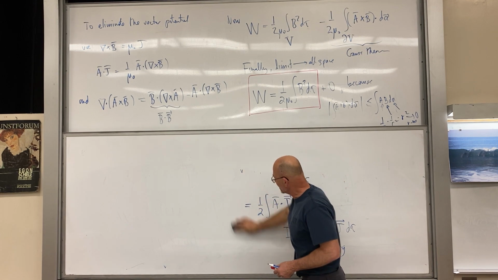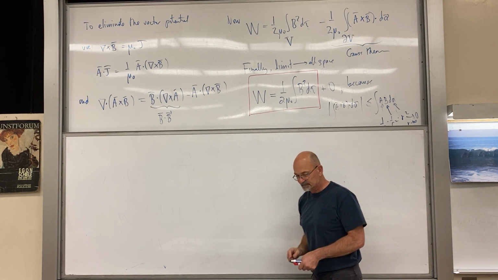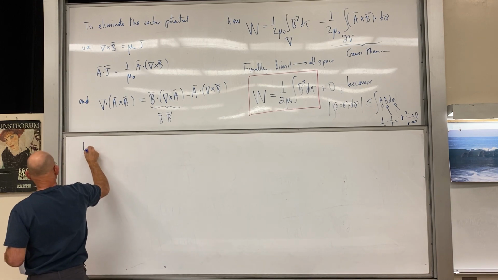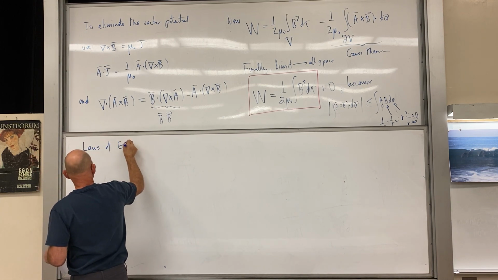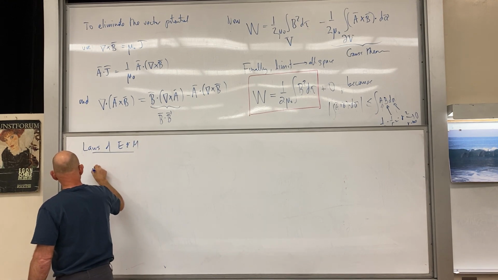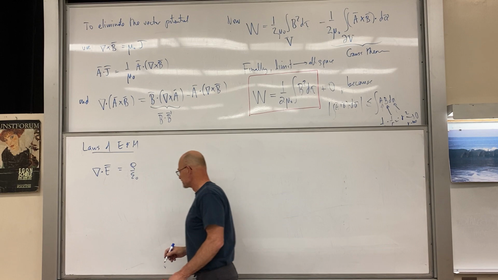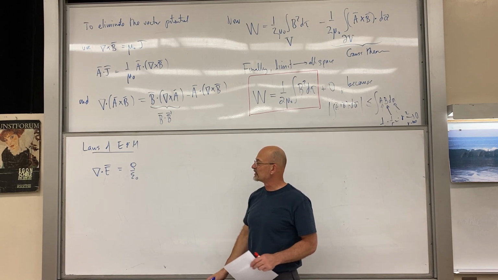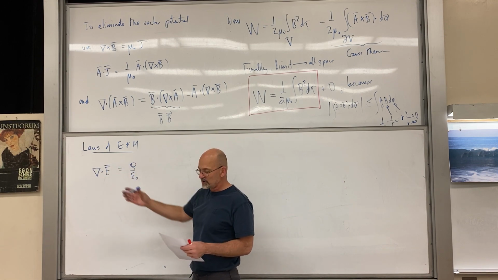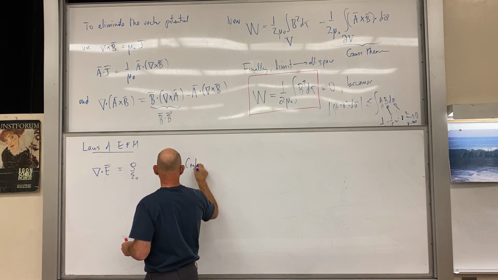So the differential equation form of the laws of electricity and magnetism, we have divergence of E equals rho over epsilon naught. Gauss's law, and in particular, you'll get Coulomb's law out of this for a point charge. Okay. So I'll just put here Gauss and also Coulomb's law.